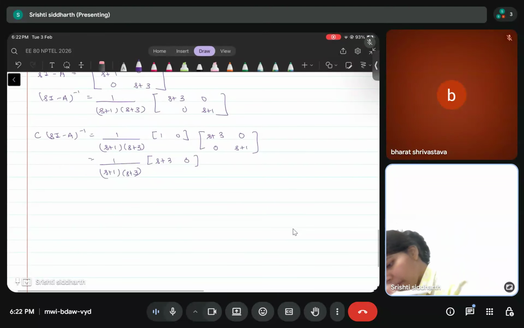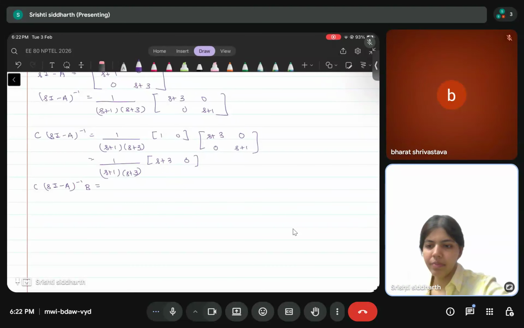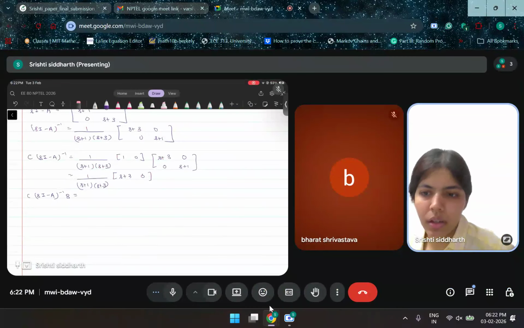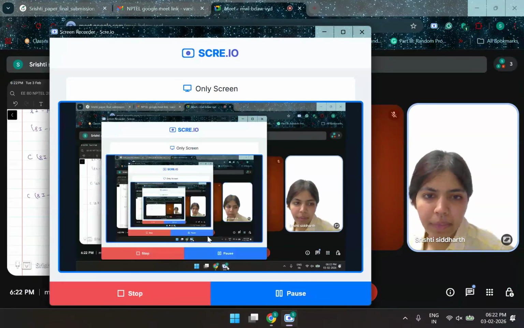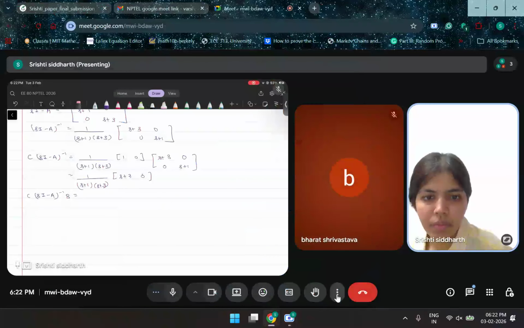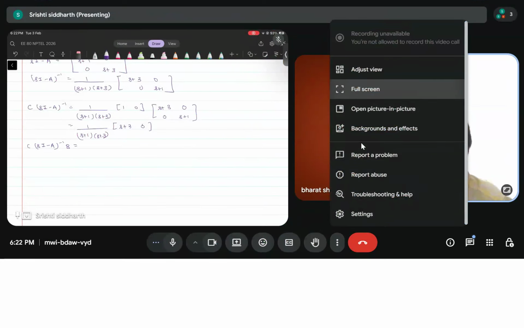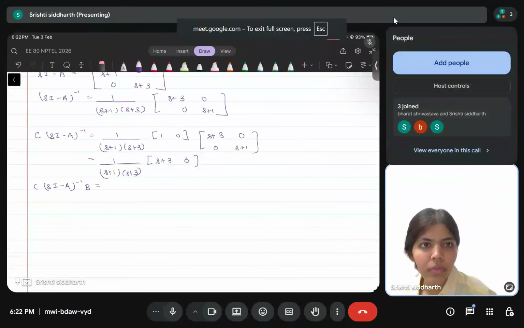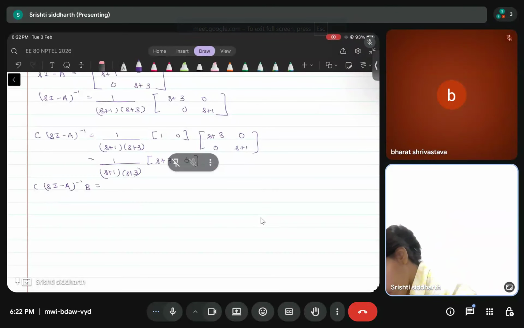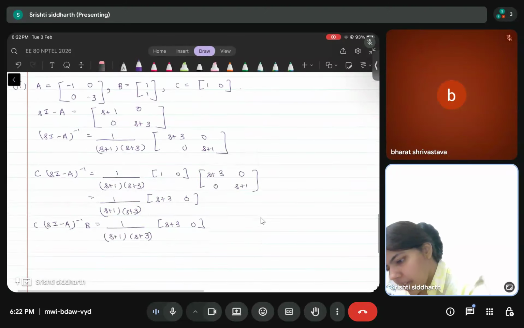Then let's post multiply by B, which is 1 upon s plus 1, s plus 3, times 1, 1.